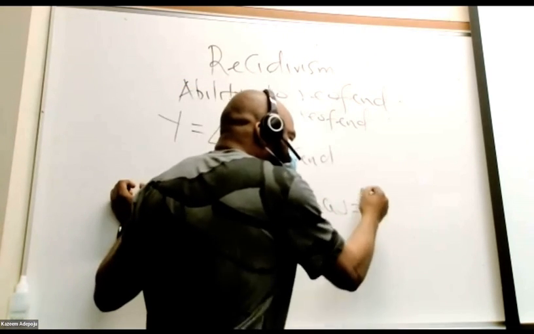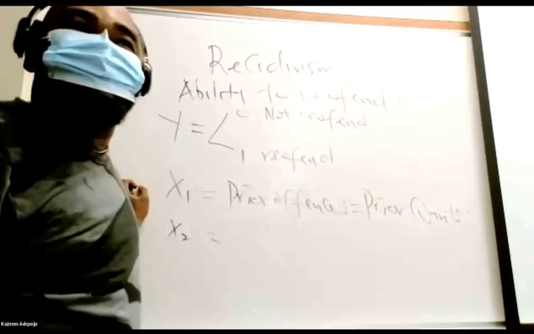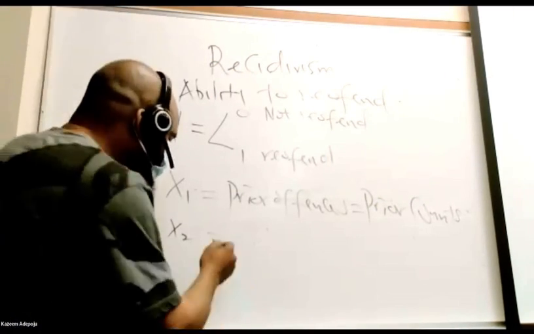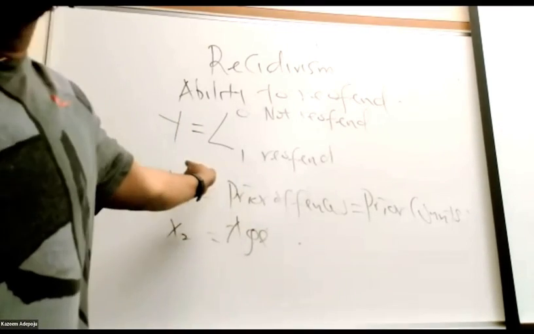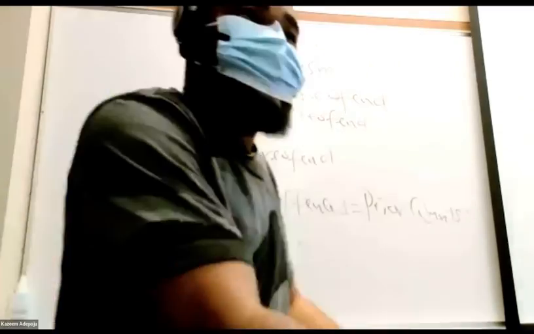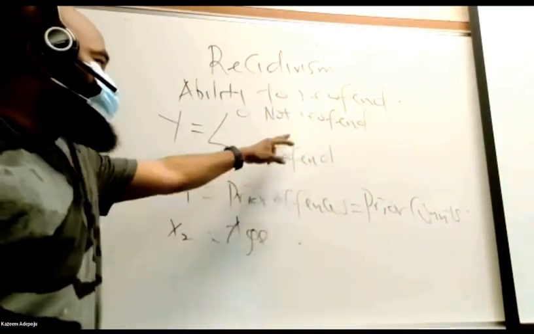We also call it prior counts. How many times has he done that before? That will be put into consideration. What about the age? Do you know that we can fit a logistic regression on this to classify suspects that are already guilty before the court of law, on whether they're going to reoffend or not?